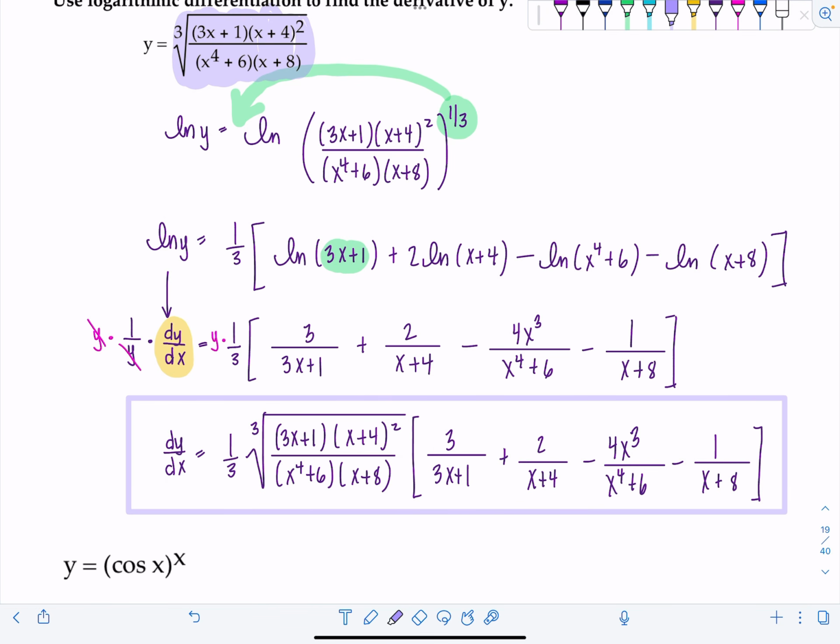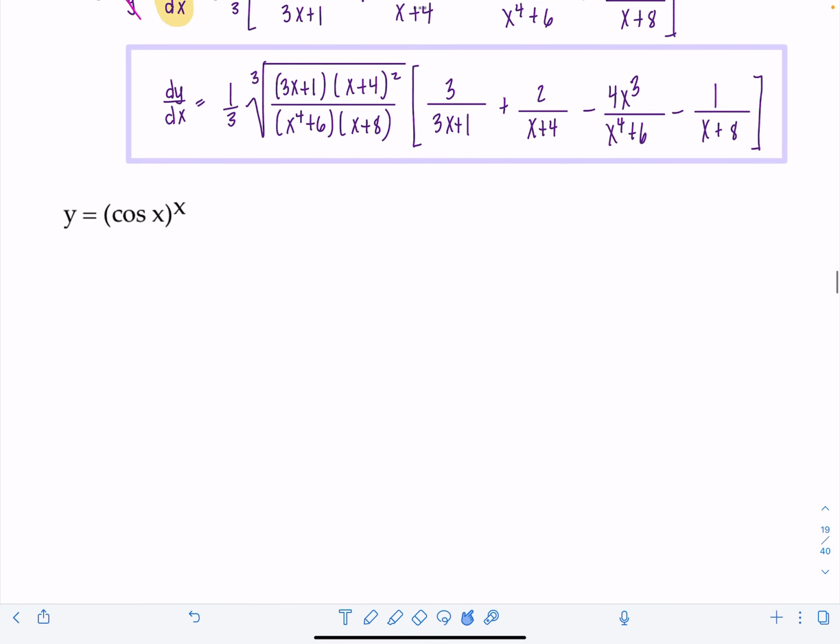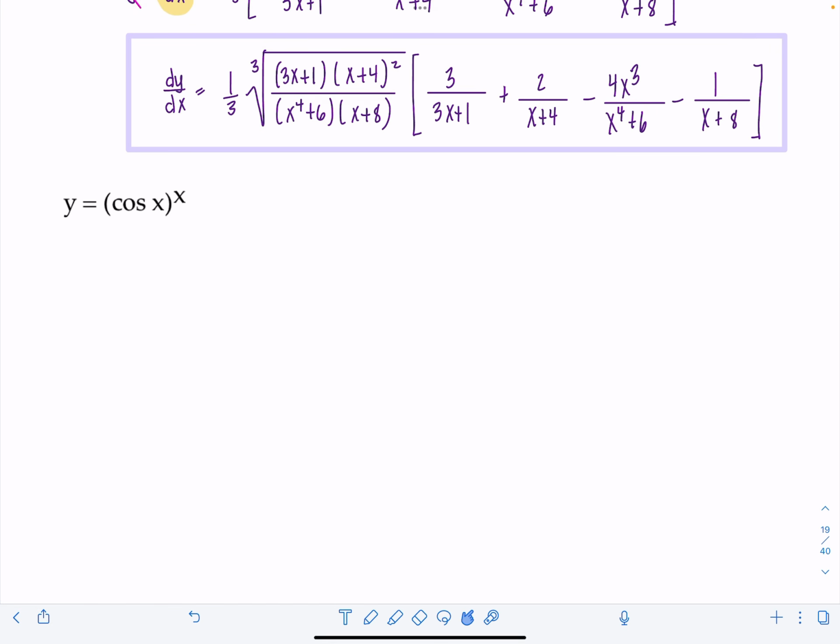The other time when you absolutely have to use logarithmic differentiation to take the derivative is when you have variables in the base and exponent of your function, like the following example. See how you have cosine x, not just a constant in the base, and the variable x is the exponent.